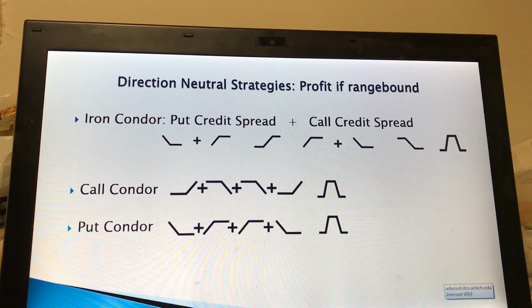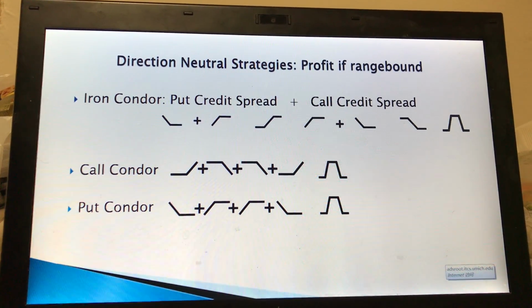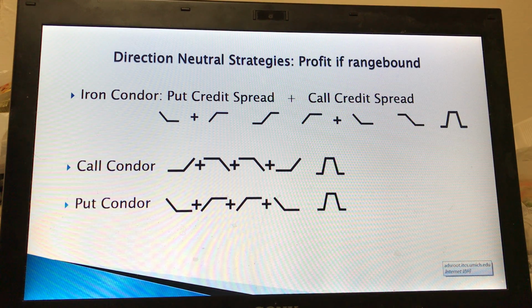some of them can be especially useful. For example, an iron condor. The iron condor is also an option strategy that I very frequently use.